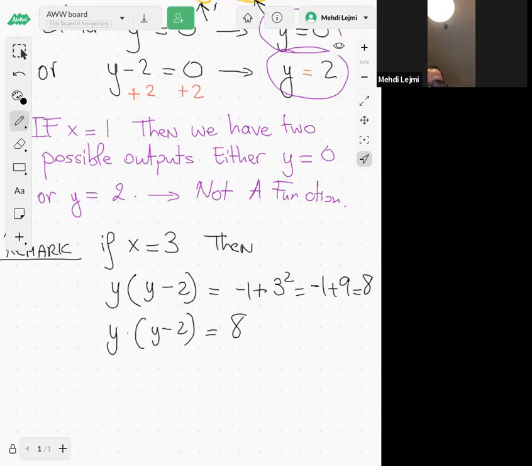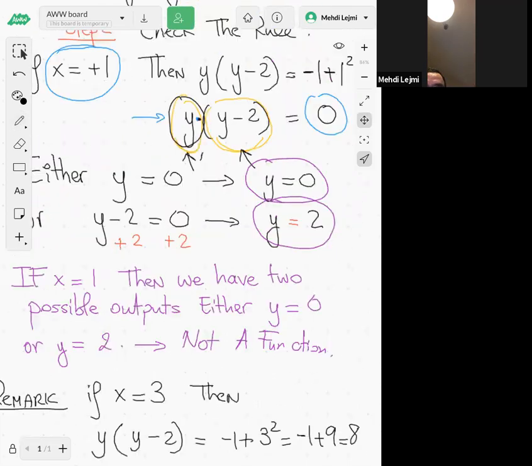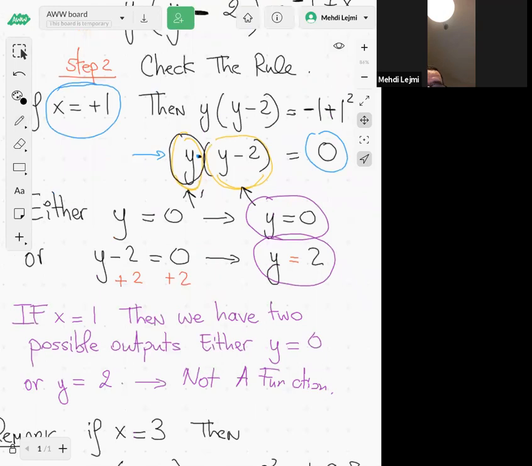Well, here, just be careful. I cannot use the same trick as I did here with a 0, because if you multiply two numbers and you have a 0, it means one of the numbers has to be 0. 5 times 0 is 0, but 5 times 1 or 2 or whatever, something different from 0, is not equal to 0.